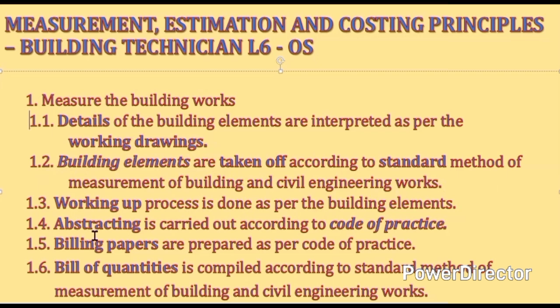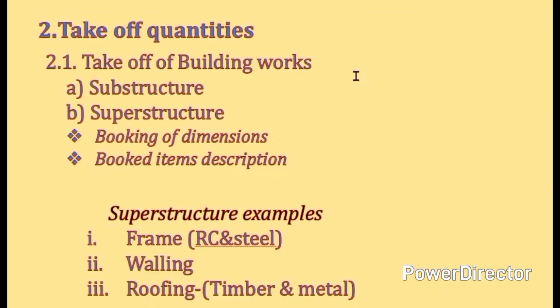You can see the keywords are in bold. 1.3 is working up process is done as per the building elements. 1.4 is abstracting is carried out according to code of practice. 1.5 is bill papers are prepared as per code of practice. The last one is bills of quantities is compiled according to standard method of measurement of building and civil engineering works.